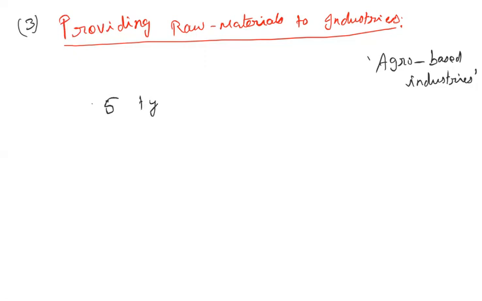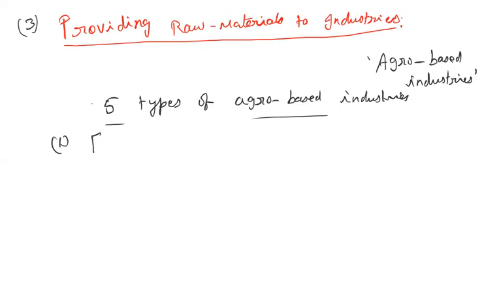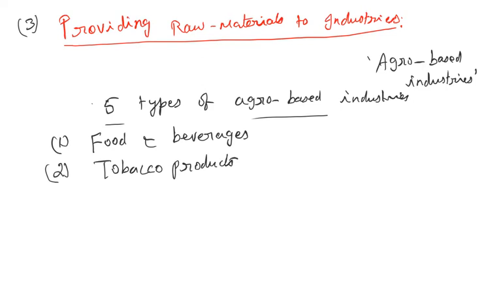There are 5 types of agro-based industries. First one, food and beverage. Second, you have the tobacco products. Then you have the third type, paper and wood products.